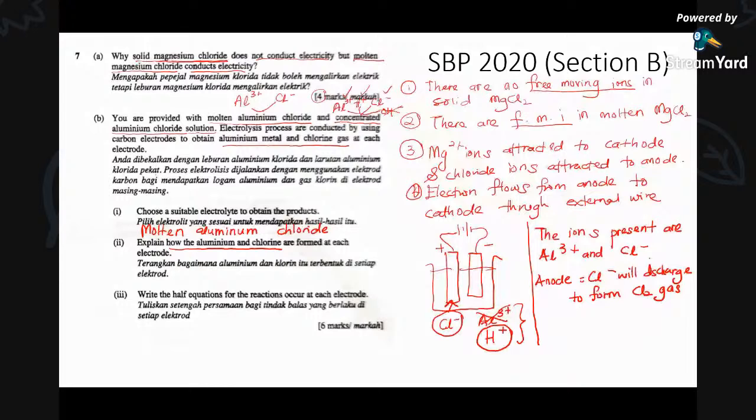No need to write selectively because you only have two ions. So your answer must be complete. You don't just say chlorine will be discharged; try to give your answer as specific as you can.